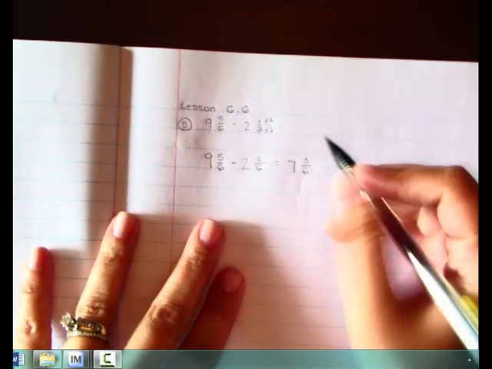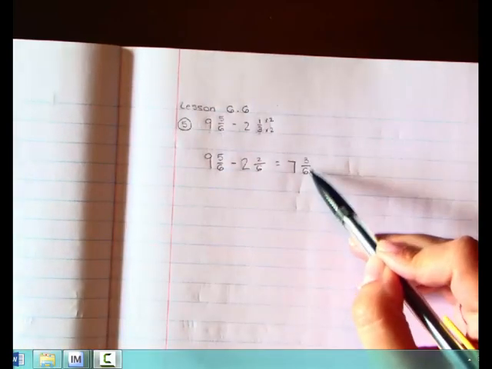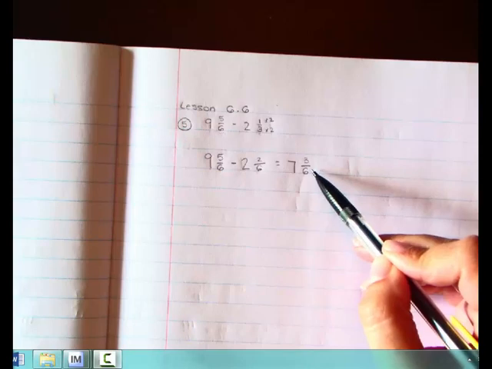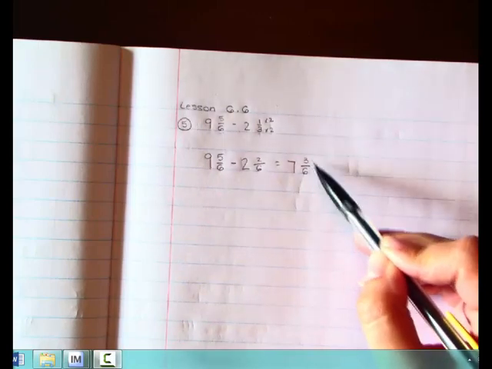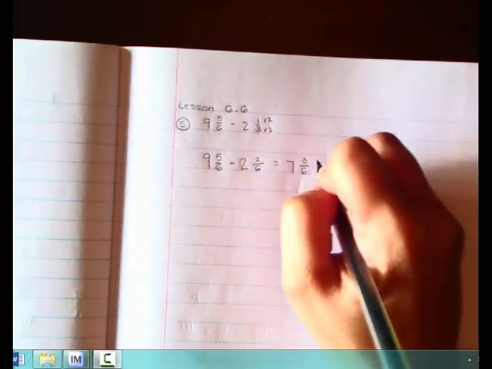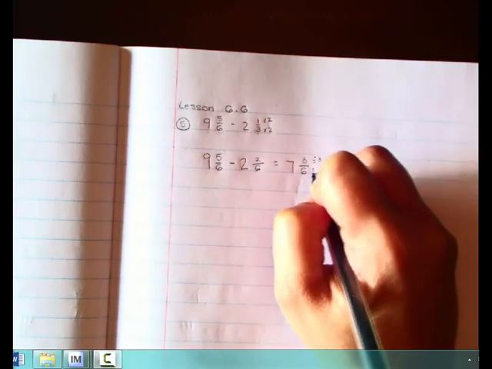Now 3/6 is not in simplest form. It can be simplified beyond that. Remember, when you simplify, it means that the numerator and denominator cannot be divided by the same number again. In this case, they can both be divided by 3. So I'm going to divide my numerator by 3 and my denominator by 3.